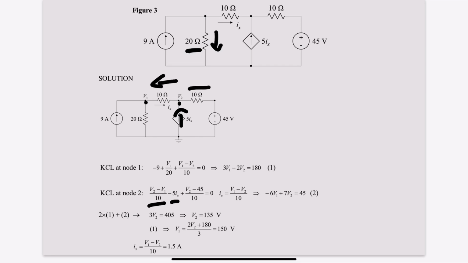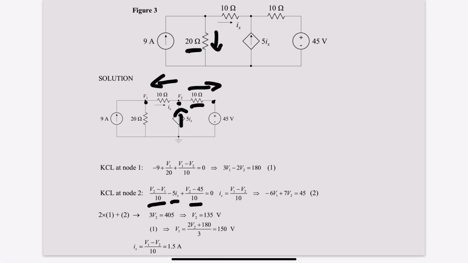Again this is also leaving, so it's going to be positive: V2 minus 45 over 10. Equals 0. So this is what we have reached.